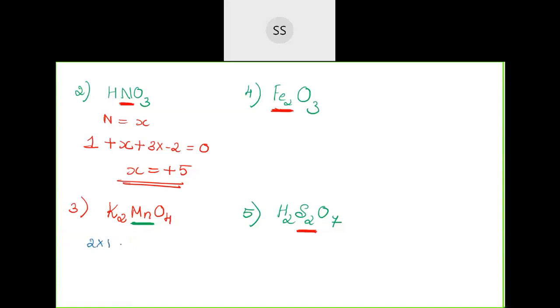So 2 into 1, plus manganese is x, plus 4 into minus 2. The whole charge is 0. So the x value will be 2 minus 8, so that's 6. So plus 6. Very good, correct. Now go for this fourth one. Iron you need to calculate.